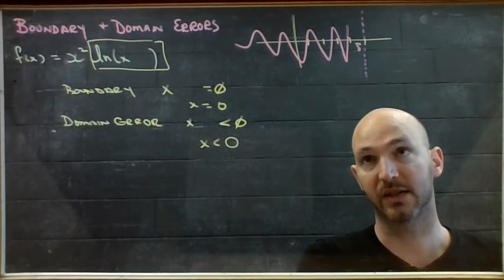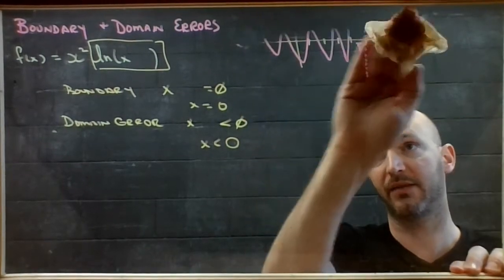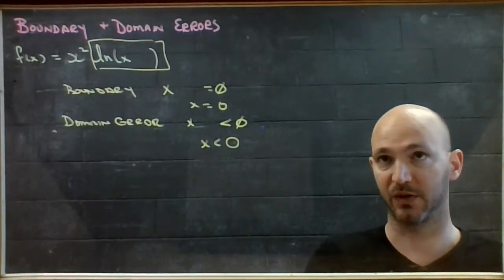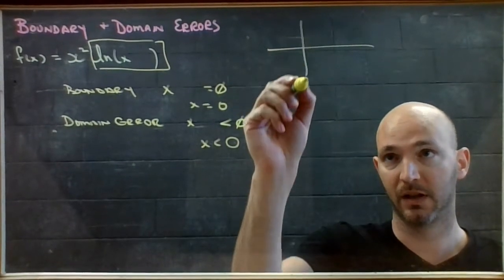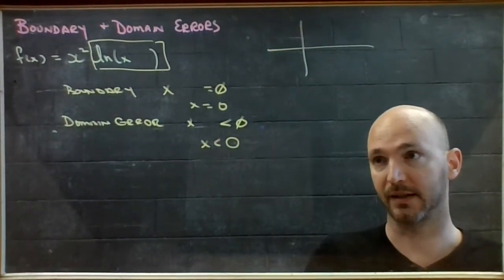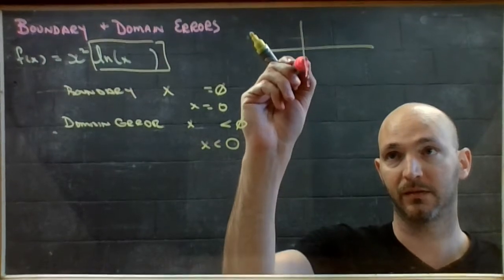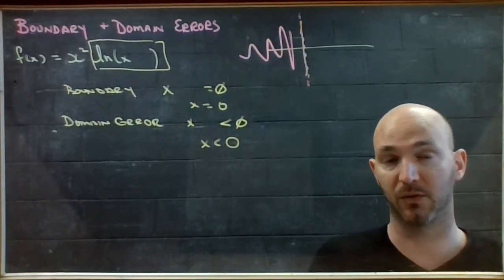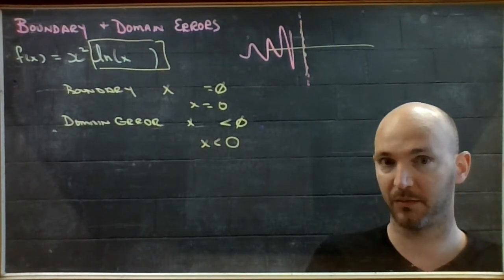Which means in this little sketch, instead of having the asymptote at 5, the asymptote is showing up on the y-axis when x equals 0. So this is the bad spot. This is where the asymptote might be. Might.